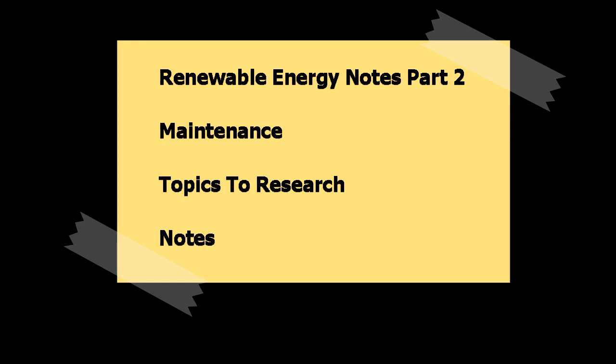Alright, some notes now. Remember, we're talking about renewable energy level 3. We had a great teacher, and I'm going to be going over some of the notes he gave to us that helped us pass the course. Maximum allowance voltage drop is 2.5% of declared voltage.